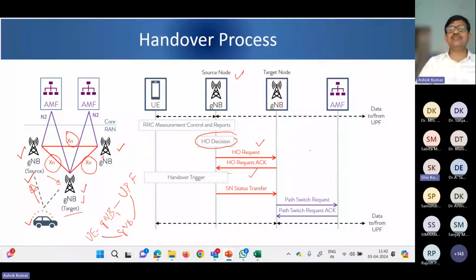This path switch request is made by the target node, and then the AMF acknowledges that request. This kind of handover process happens when you move from one BTS to another BTS.